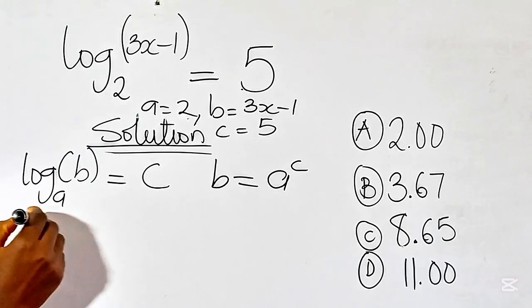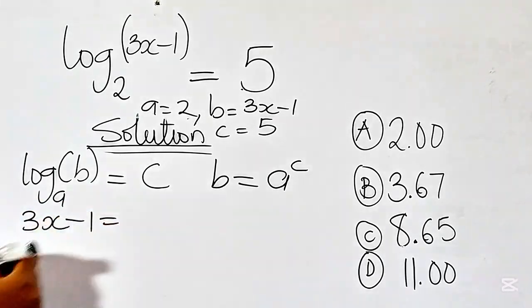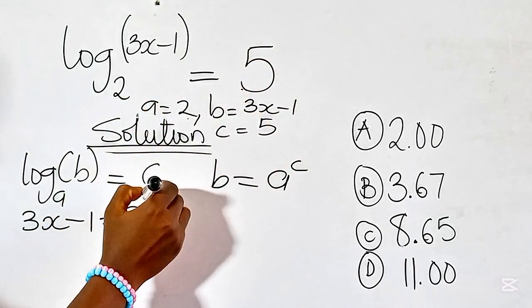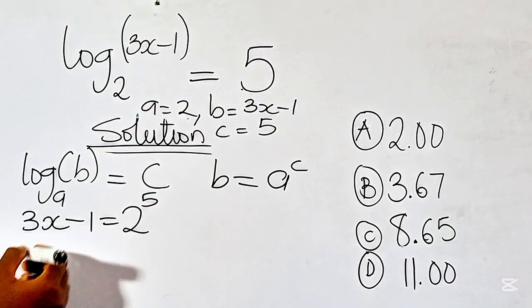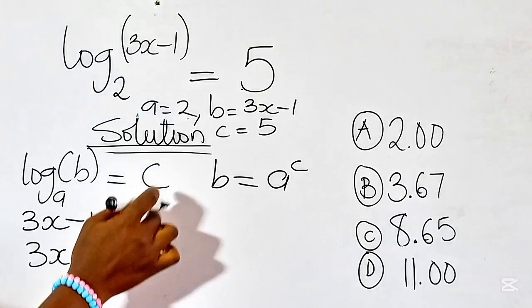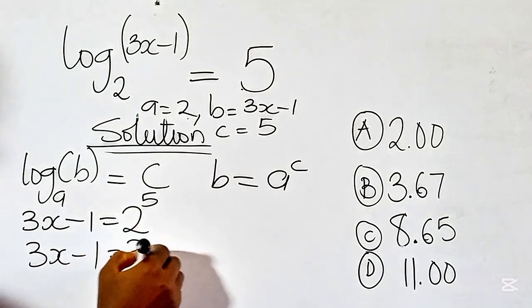So we have 3x minus 1 is equal to a, which is 2, to the power of c, which is 5. So this gives us 3x minus 1 is equal to 2 to the power of 5. It's the same as 2 multiplying itself 5 times, and that will give us 32.